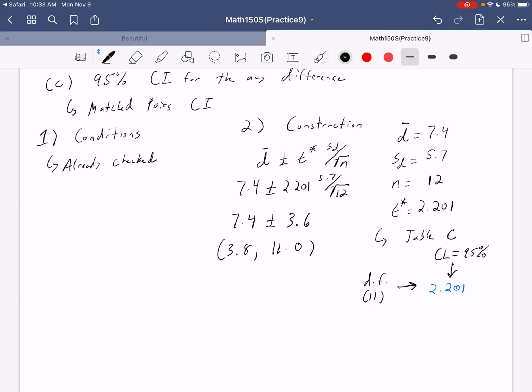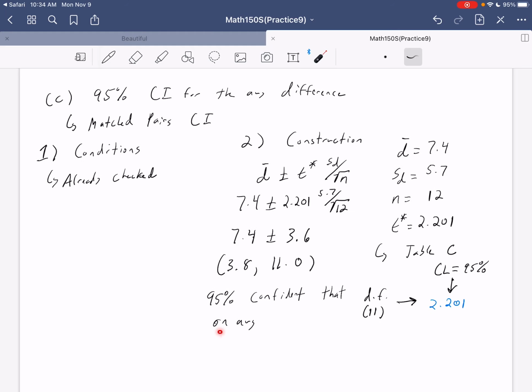Then we need to write a quick interpretation. Anytime you interpret a confidence interval, always start with the level of confidence. So we'd say 95% confident that on average, again, we have to have that phrasing of on average because that's what we're doing our inferential statistics about here, the average.